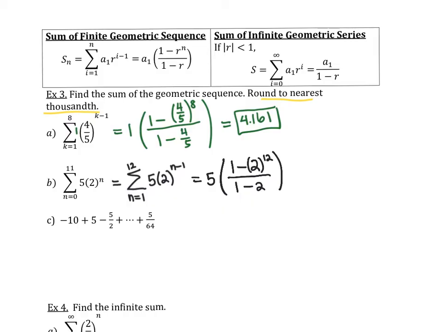Then you're going to very carefully put that in your calculator. Watch your parentheses. You might have to do the numerator and the denominator separately and write it down and then figure it out. But you should get 20,475. If you wanted to check, you could add up all 12 terms and make sure it does in fact equal what it's supposed to equal.